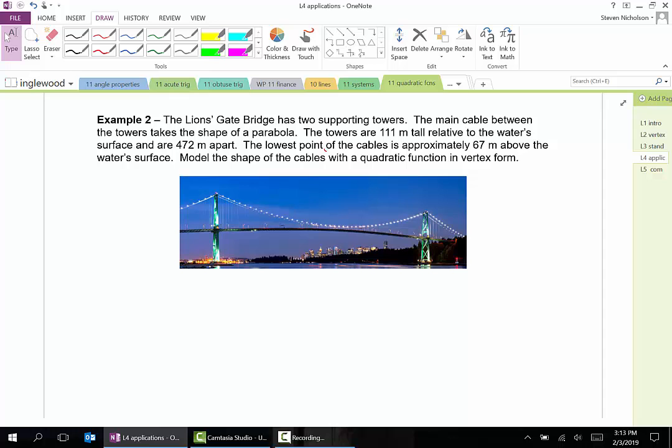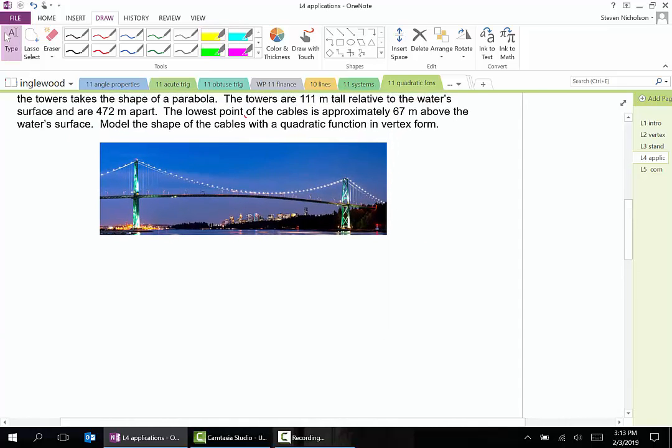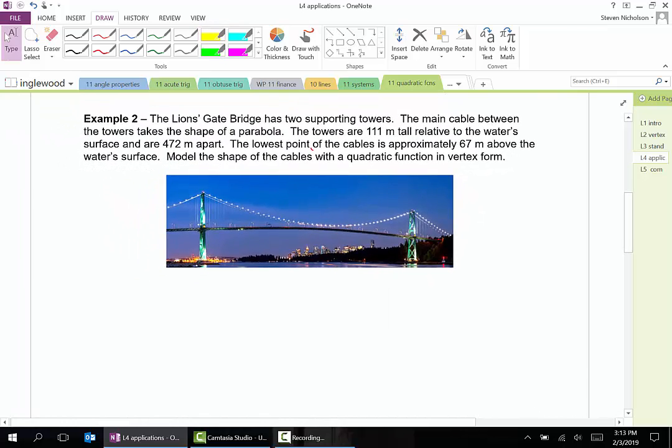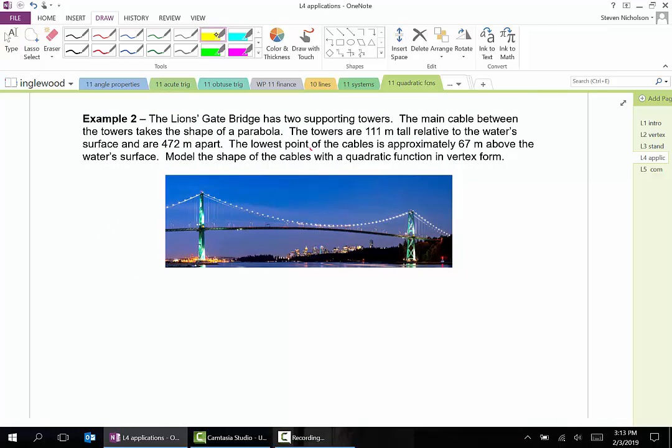given the information in the question, standard form and factored form might not be the way to go, because we're told two things relative to the water surface and again above the water surface. So we're given information about the water, and then we're given information about the bridge.